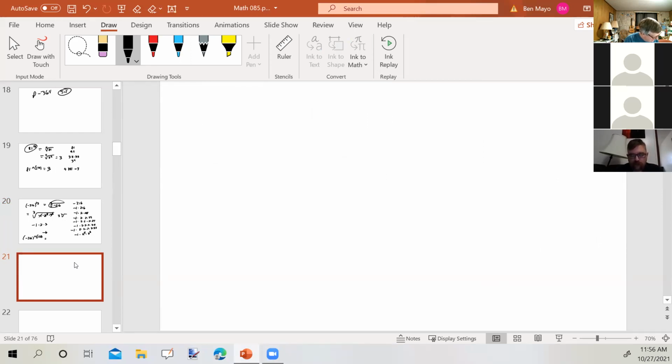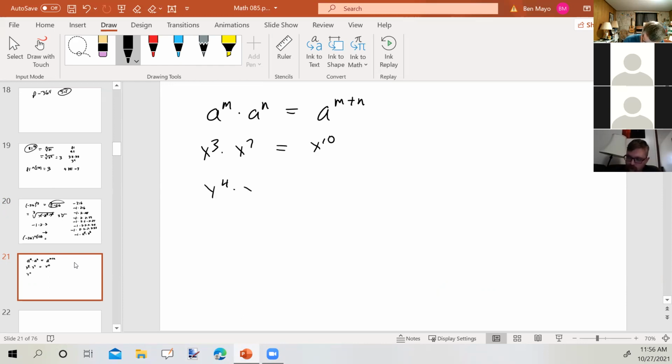Okay. So I want to review some rules. If you take the product of two powers with the same base, you add the exponents. So x cubed times x to the 7th is x to the 10th power. Y to the 4th times y squared is y to the 6th power.